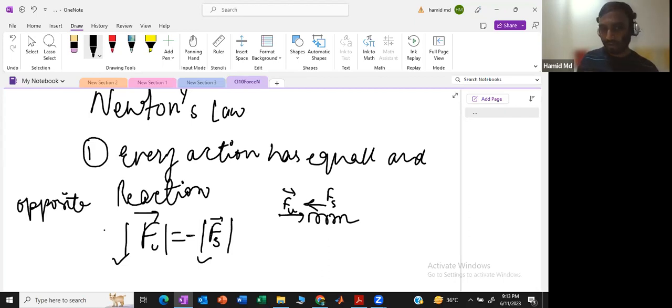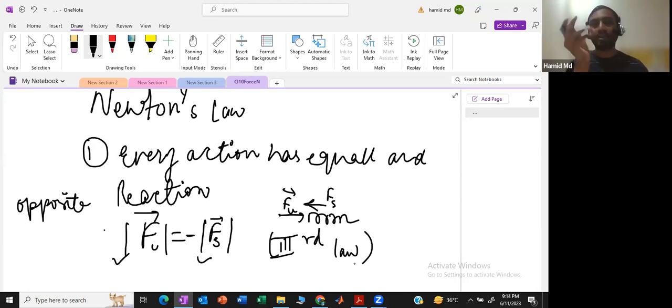So this is the very famous Newton's third law, action and reaction. This is the third law, not the first law.